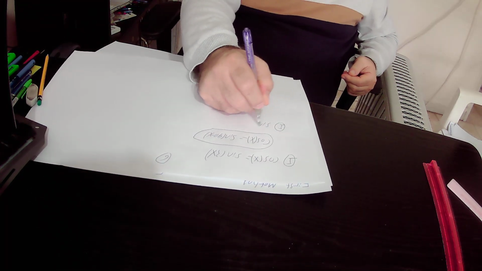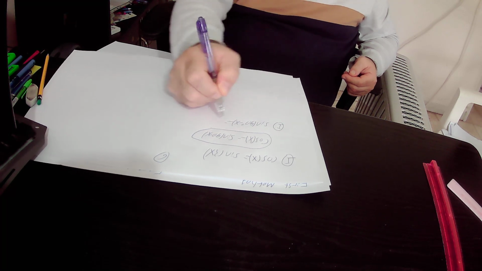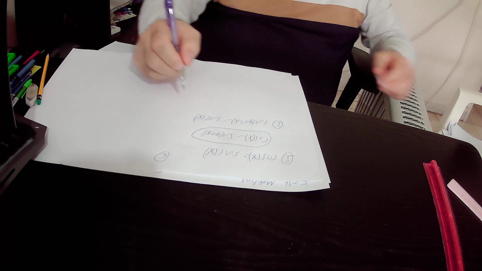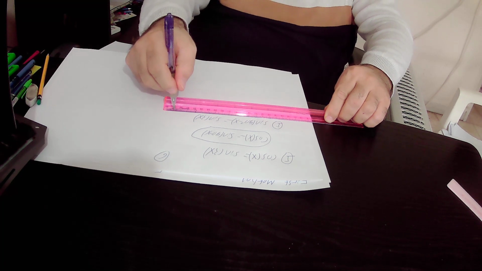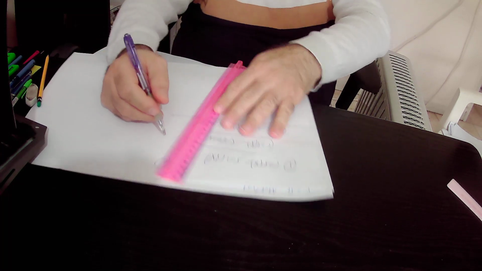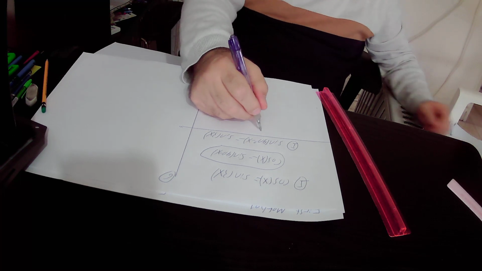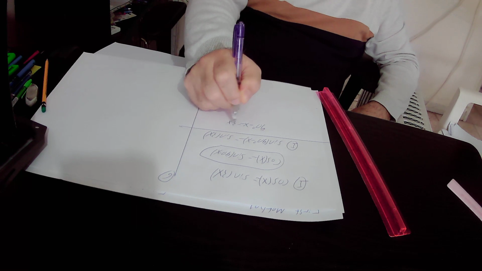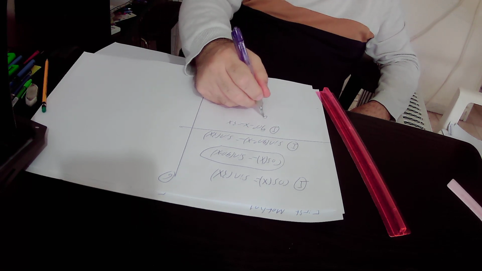So we get that sine of (90 degrees minus x) equals sine 3x, which means that 90 degrees minus x equals x, and 90 degrees minus x equals 3x.